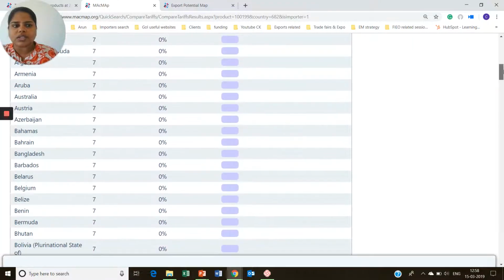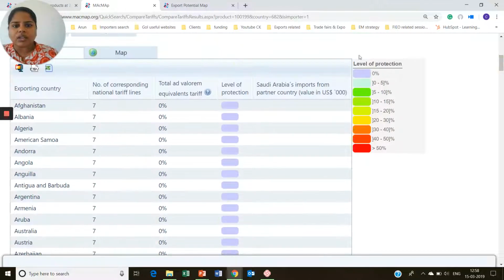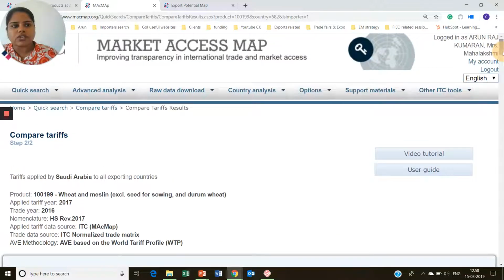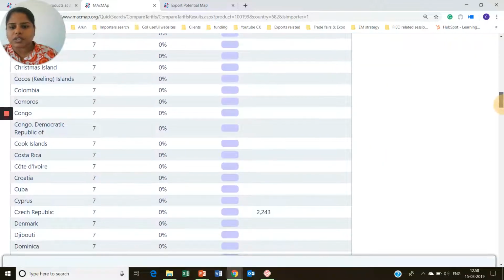But here you can see Saudi Arabia's imported value in thousands of US dollars for the trade year 2016. So if we scroll down, in 2016 Saudi Arabia was importing around $2 million worth of wheat from Czech Republic.